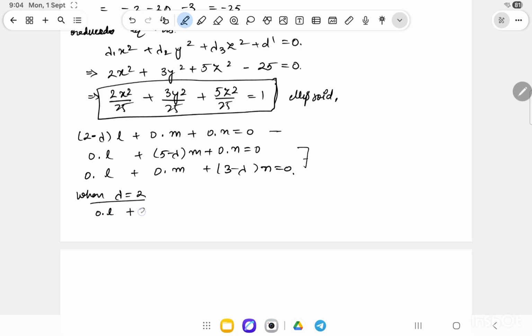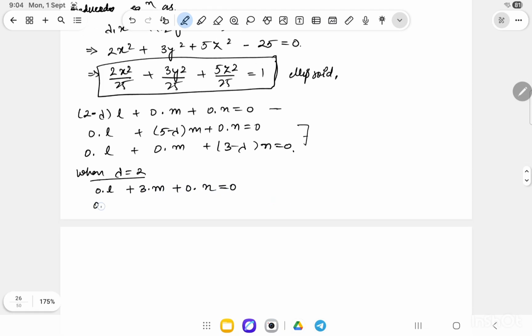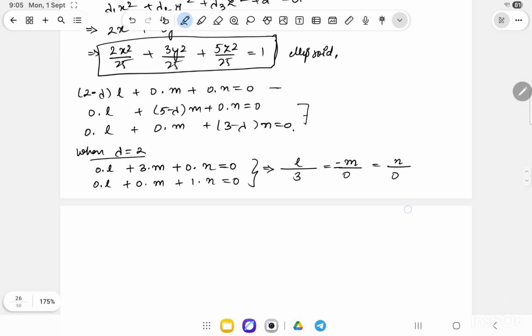So if we substitute lambda equals to 2 here, I'll be getting 2 into 0 into L plus 3 into M plus 0 into N is equals to 0, and 0 into L plus 0 into M plus 1 into N is equals to 0. So if I solve it, I'll be getting L by 3 is equals to minus M by 0, which is equals to N by 0.